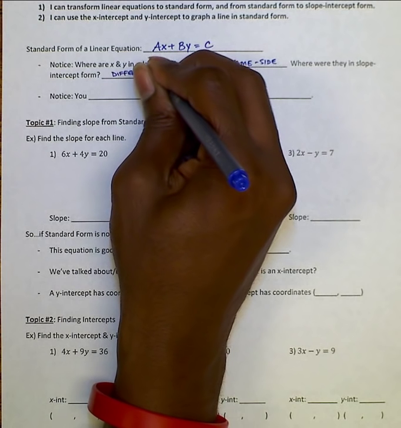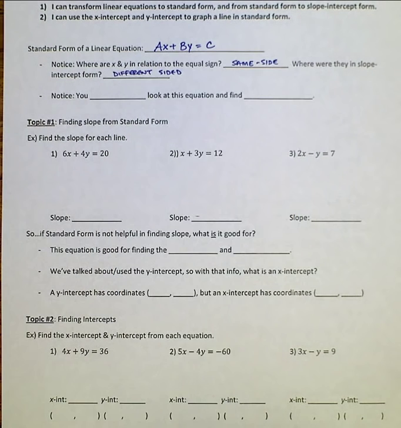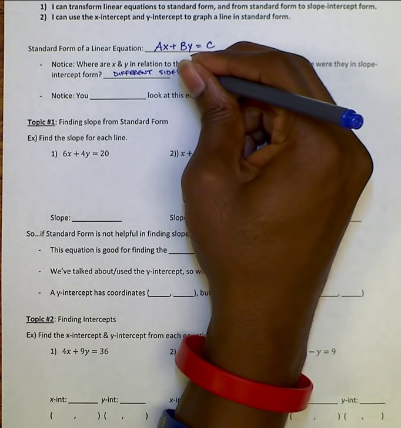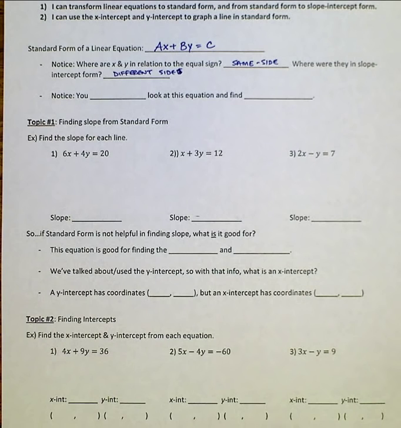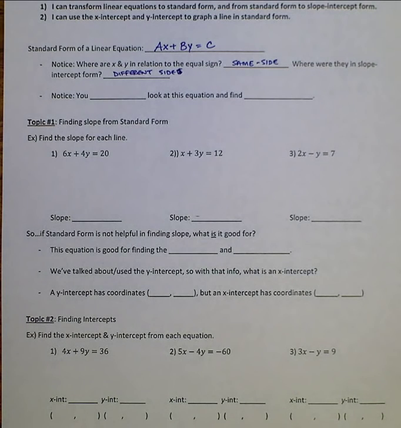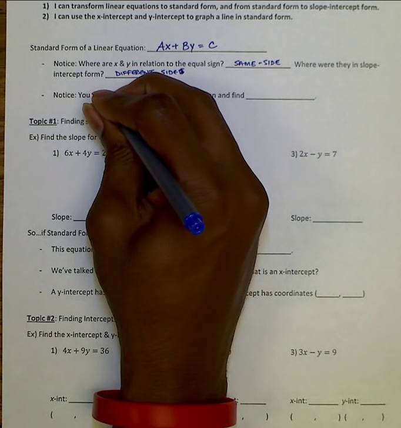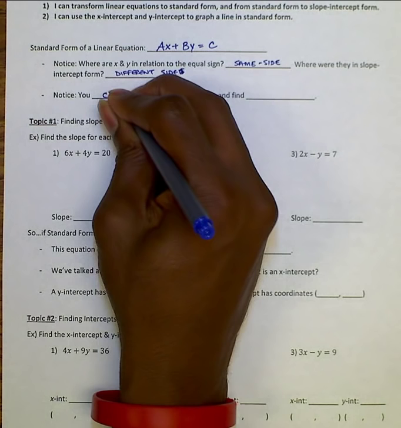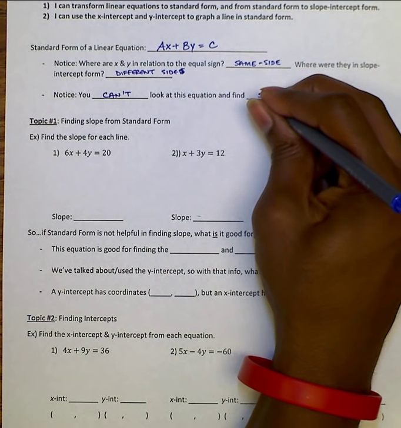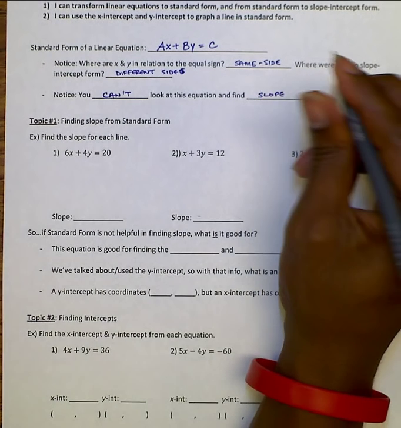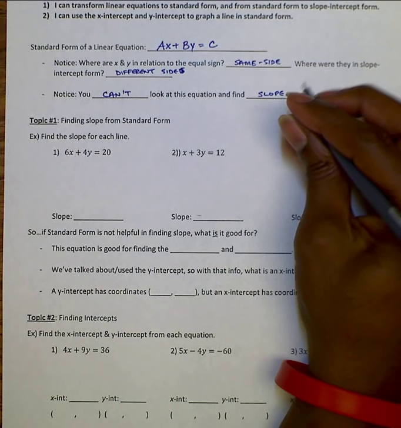Y was by itself and then x was by the slope. Notice that you can't look at this equation and find the slope or y-intercept.